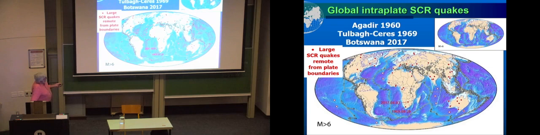I have highlighted here the Tilbach series, which was put on, as was Lisbon, as an intraplate event. I think from our discussion yesterday, I would argue that that is more a plate boundary event, but Agadir is there.